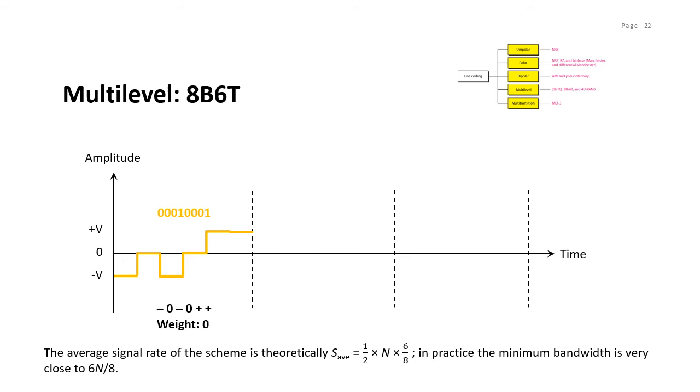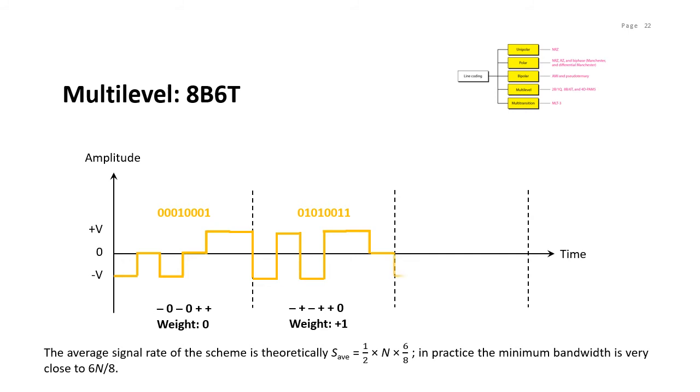If you add minus 0, minus 0, plus, plus, you get the weight of 0. The second bit pattern 01010011 will be encoded as minus, plus, minus, plus, plus, 0, and if you add these you get a weight of plus 1.